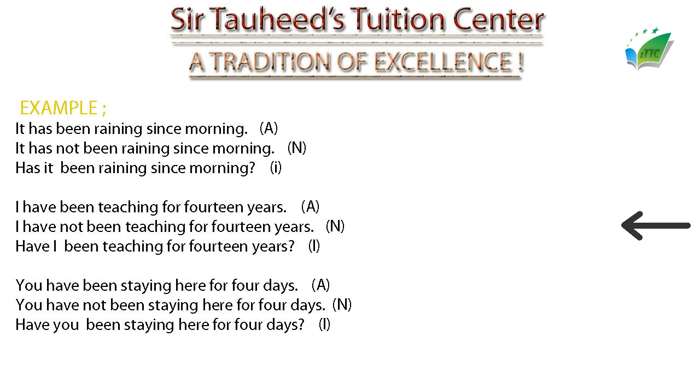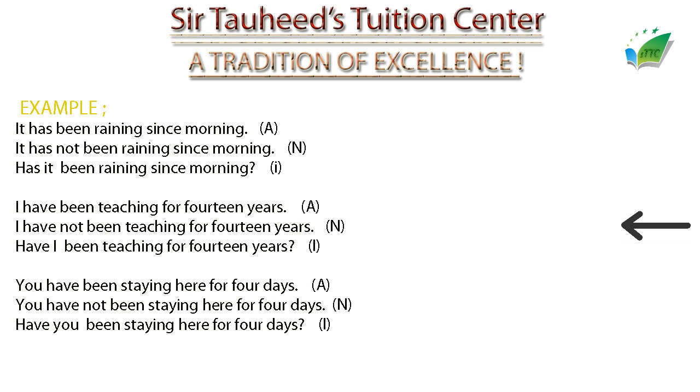Because this work started a very long time ago, this activity can be expressed with the help of the present perfect continuous tense. And because the subject is I, which is considered first person singular, we'll use have been after it.